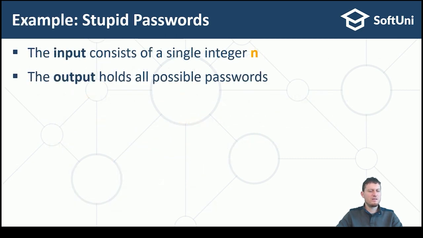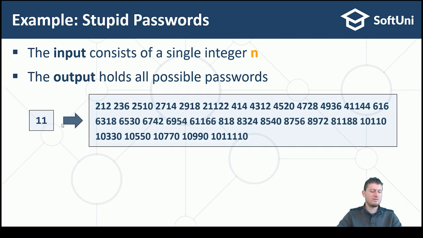So this is what we get as input. We take as input the number n, and the output should hold all possible passwords from the first to the last. These are the passwords. We have 2, 1, 2. This is even number from 2 to n, this is odd number, and this is the product.